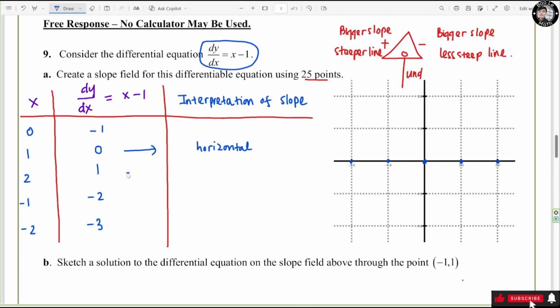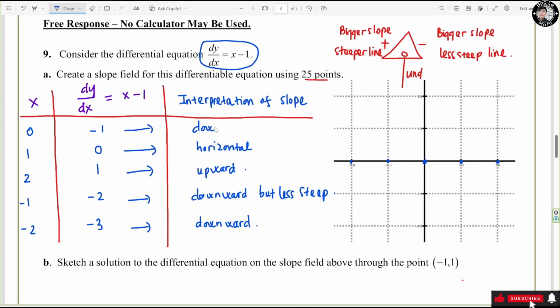Now, 1 right here, upward. And -3 right here, downward. -2 right here, downward, but less steep. -1, downward, but less steep.